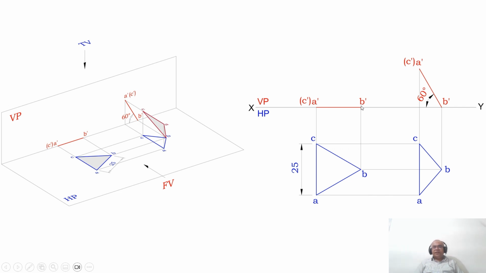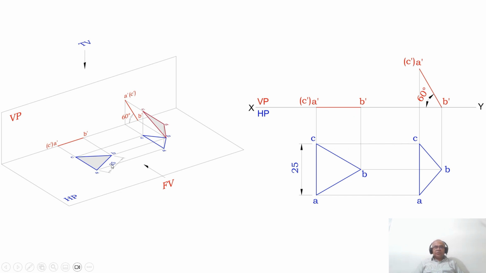Therefore, you take from here any convenient position, as he says that it is resting on one of its corners. Since the corner is a single point, so this is the corner. So I take any convenient distance and you mark that point as B dash. Then by using the protractor, you measure an angle of 60 degrees with respect to the XY line and then draw an inclined line.